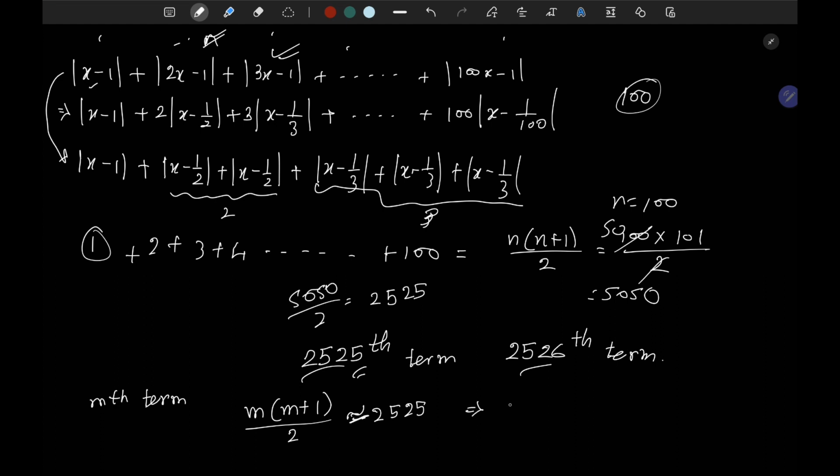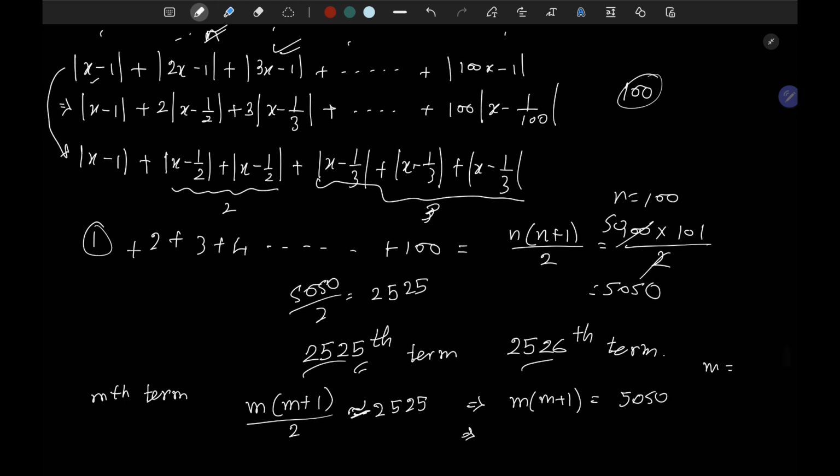So this will be your m into m plus 1 equal to 5050. Now by trial and error, let's look at what the value of m can be, right?